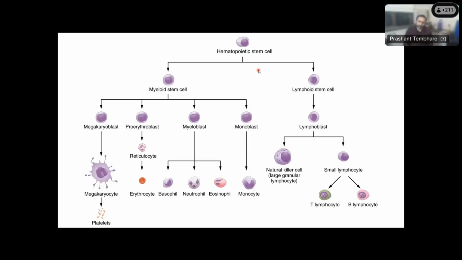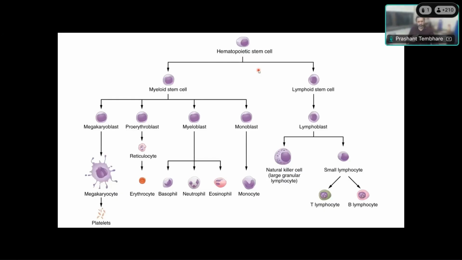Now, the next query is, do these probes go inside the cell also? Yes, of course. You can use marker proteins present inside the cell also. The protein can be present on the surface or inside the cell.